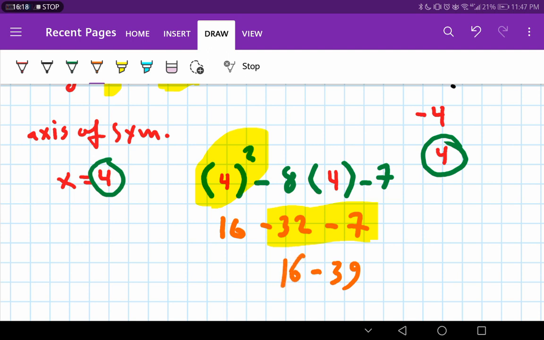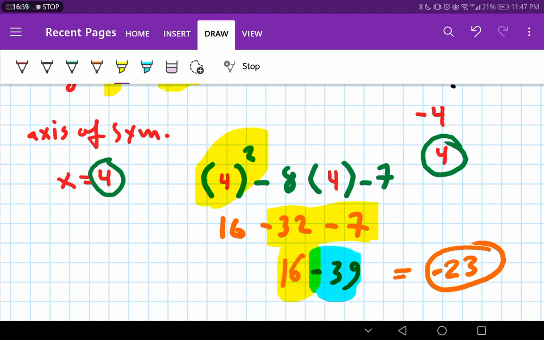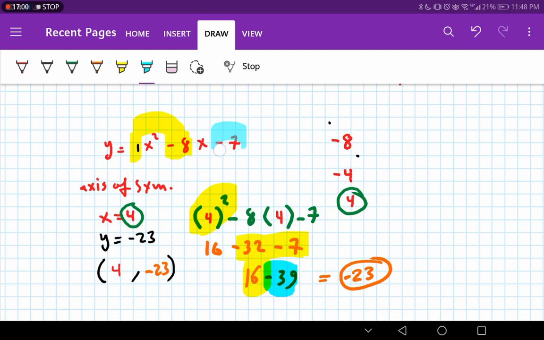So 16 minus 39 equals negative 23, because the negative is bigger than what I have. So I write y equals negative 23. So the vertex for this graph is 4 and negative 23. And you know the y-intercept without thinking, it is negative 7.